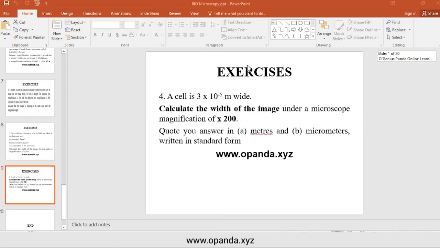Then the actual size of the cell was equal to 3 times 10 power negative 5 meters. What I have done is that I took 200 times 3 times 10 power negative 5 meters, where I got 6 times 10 power negative 3 meters.